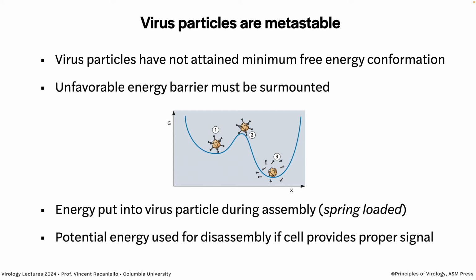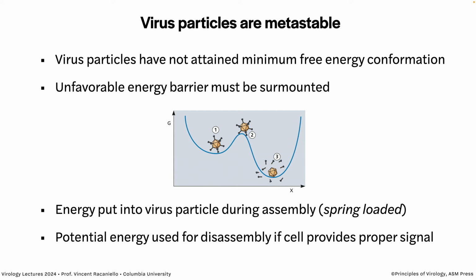And so the way you prevent that is to have a barrier in between the high and the low energy state. So there's a high energy barrier here that has to be surmounted in order for the particle to become unstable. And that barrier can be surmounted by the receptor, as I just showed you in the previous slide. During assembly of particles, we put energy into the virus particles.